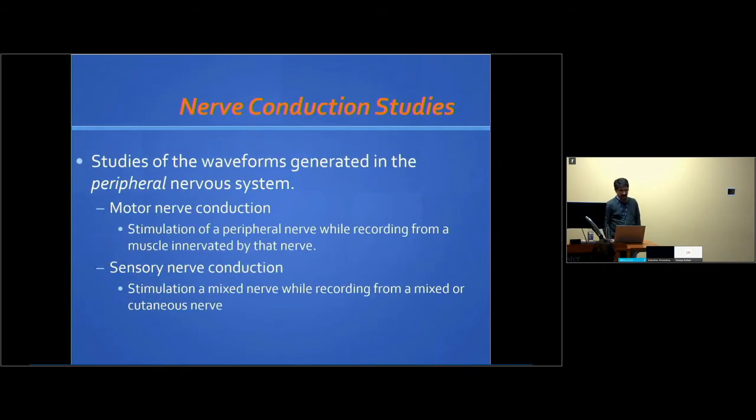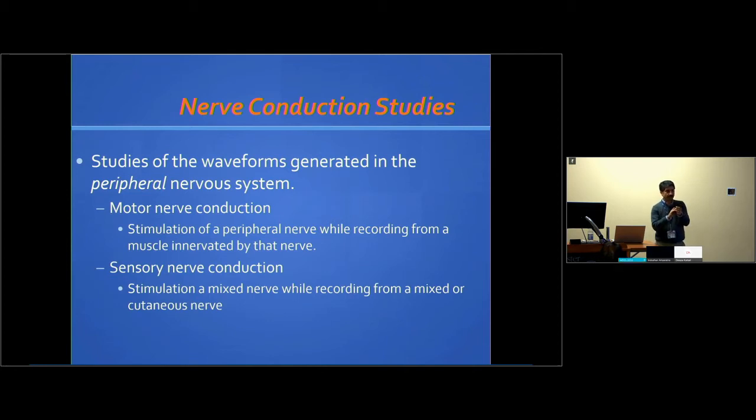So what is EMG? EMG has a nerve conduction study part where we look at the sensory and the motor nerves. We have anatomic landmarks where we put the electrodes.